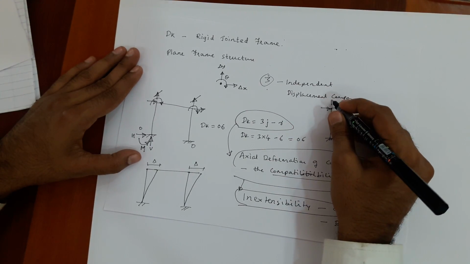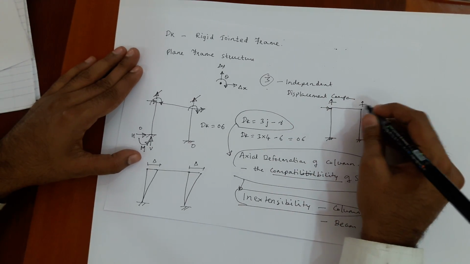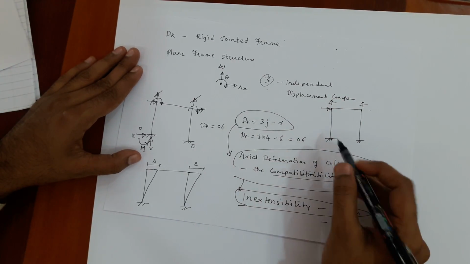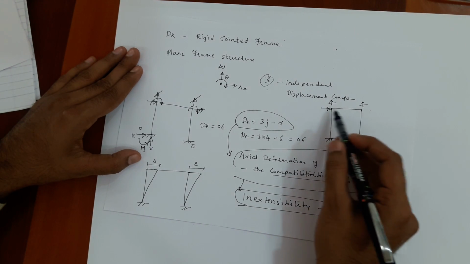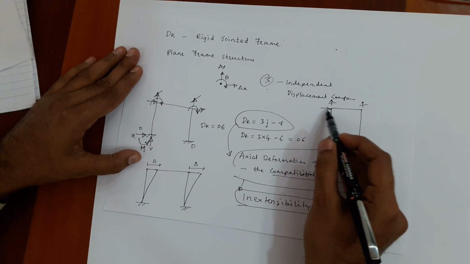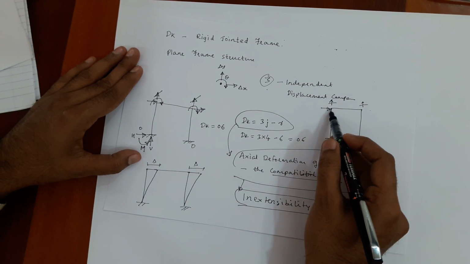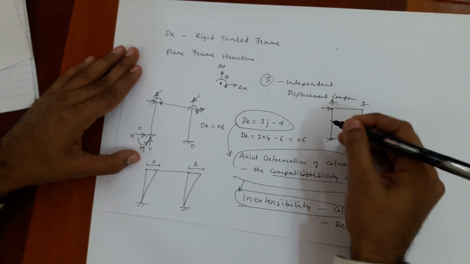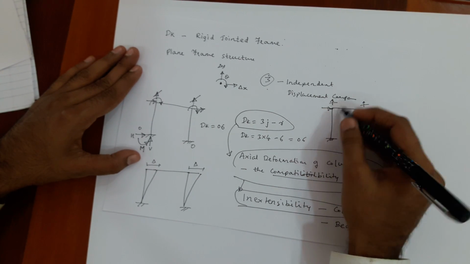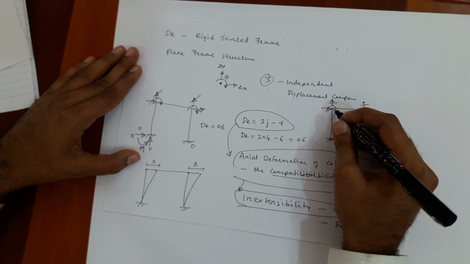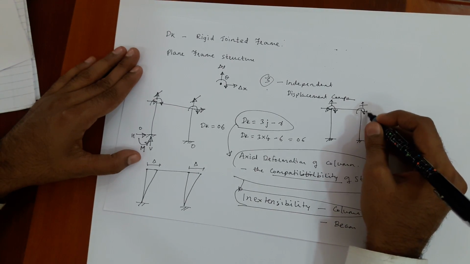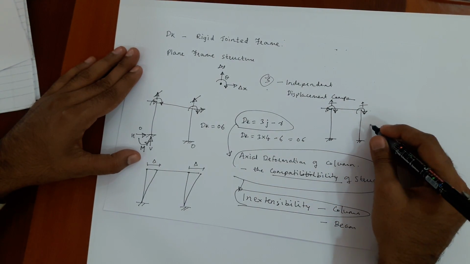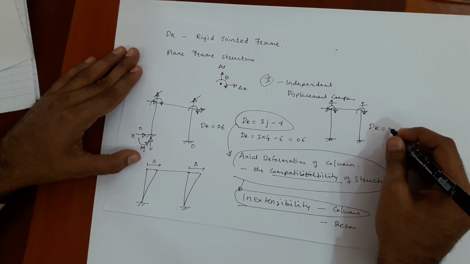So you have neglected the vertical, axial deformation of the column, and you have taken only one lateral deflection. This will rotate and this will also rotate. So here DK equals 3.